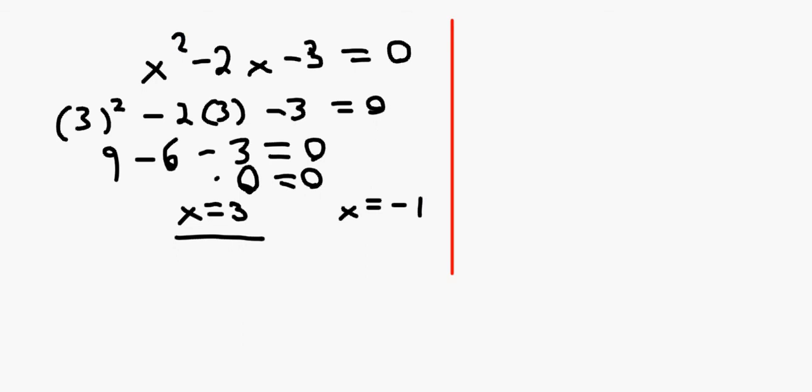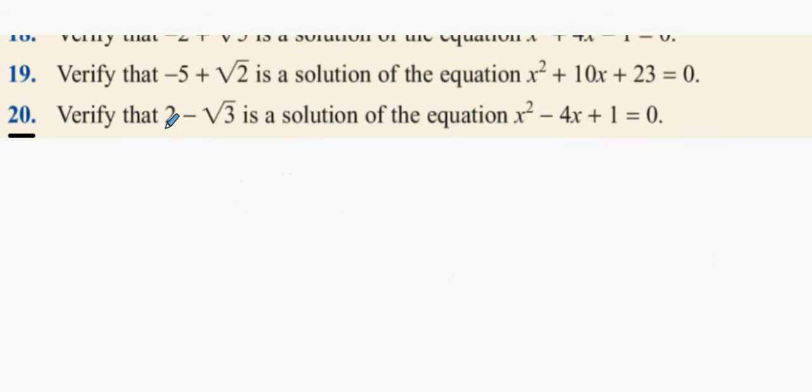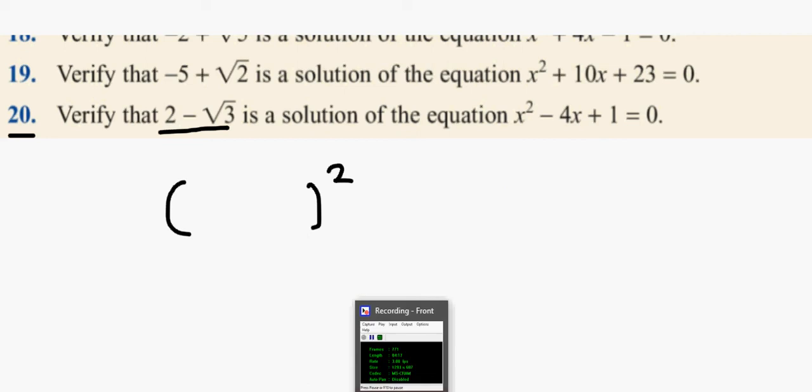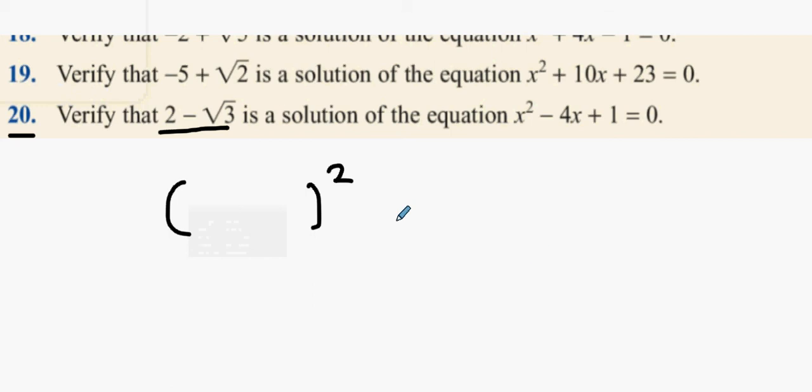So what these questions are asking you here is basically saying, question 20, verify that this is a solution of this equation. So here's what we're going to do. Blank squared. See where there is x? I left x completely blank, yeah? Minus 4 times x plus 1.